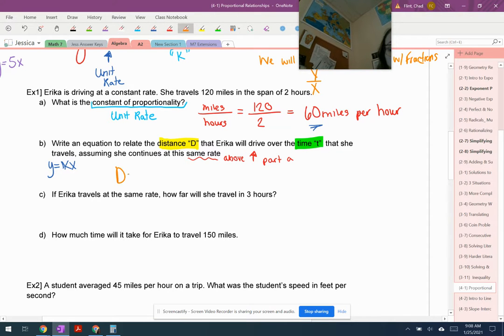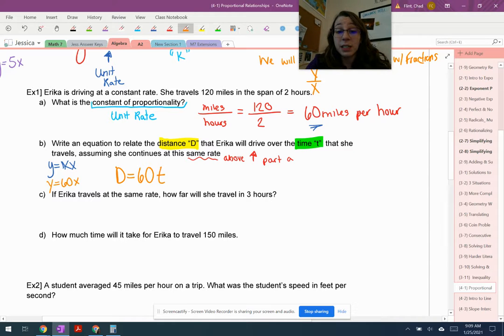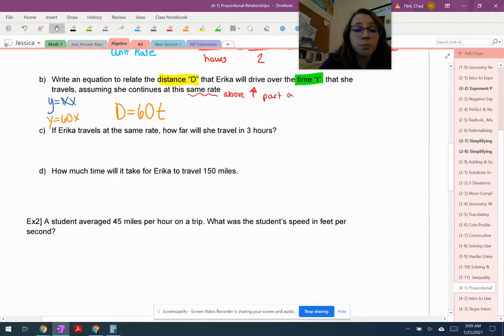So distance, that d comes first, distance is equal to your rate, which I'm filling in as the 60, and t is going to be my variable. Just like it would be y equals 60x.